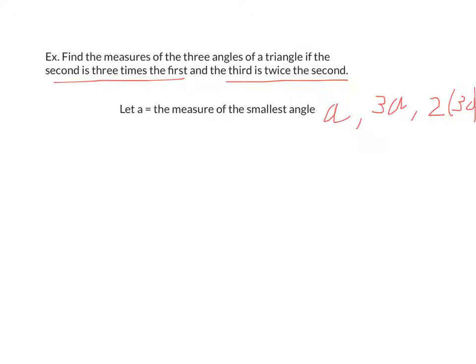All right, let's go ahead and set up the equation. All of the angles of a triangle add up to 180 degrees. So A plus 3A plus 2 times 3A should equal 180. And there's a lot of A's on this side. Actually, I'm going to simplify this one right here.